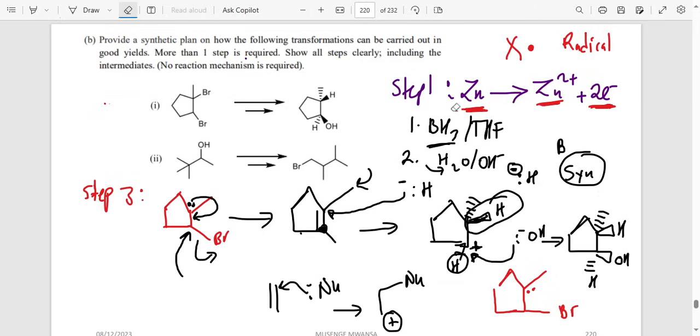So I use zinc to remove those two. And then when I've got a double bond, we need to know that I can form an alcohol by using BH3 with water. This tetrahydrofuran is basically a solvent, so it is not really affecting anything here, just like a reaction is supposed to happen in water.